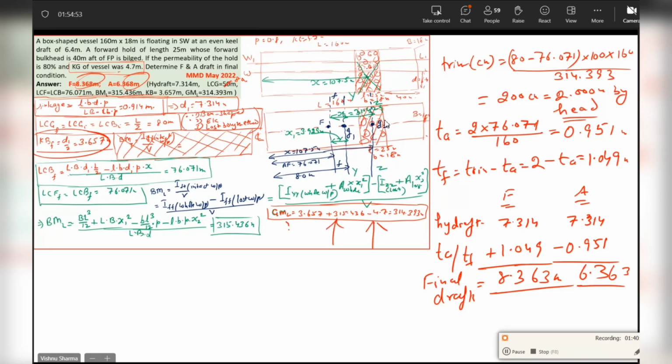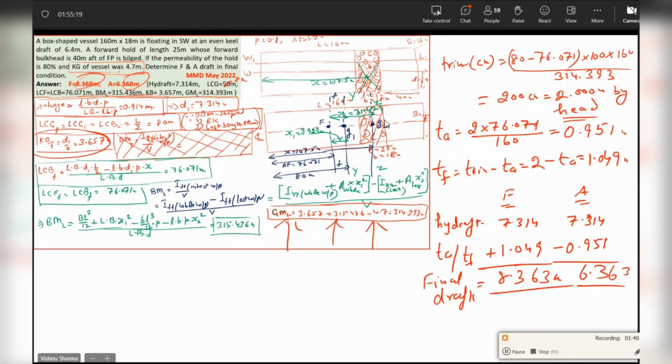You have not seen this box? Understood? KB plus BML is KML, minus KG. KG is 4.7 in the question, right? And KG will remain unchanged. Why? Because you are using the Lost Buoyancy Method, correct?